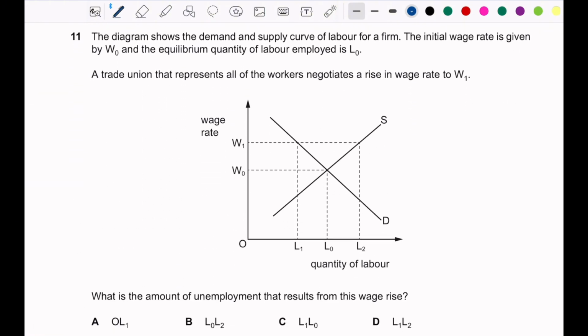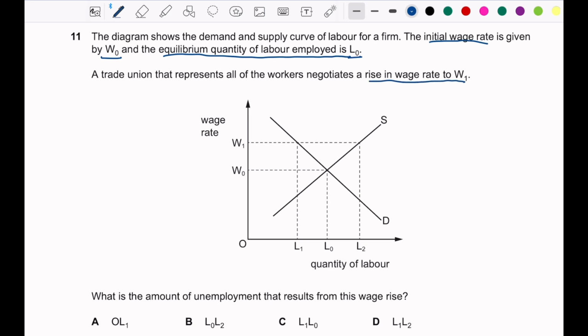Question 11. The diagram shows the demand and supply curve of labor for a firm. The initial wage rate is W0 and the equilibrium quantity of labor employed is L0. A trade union that represents all of the workers negotiates a rise in wage rate to W1.